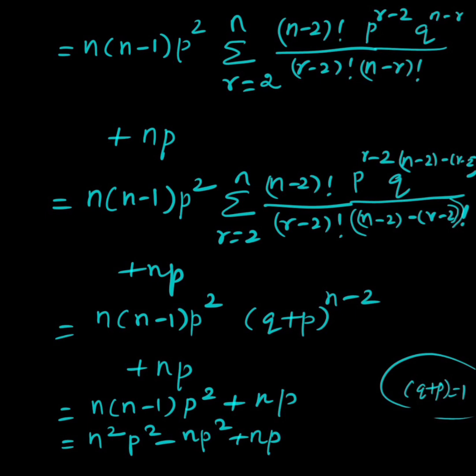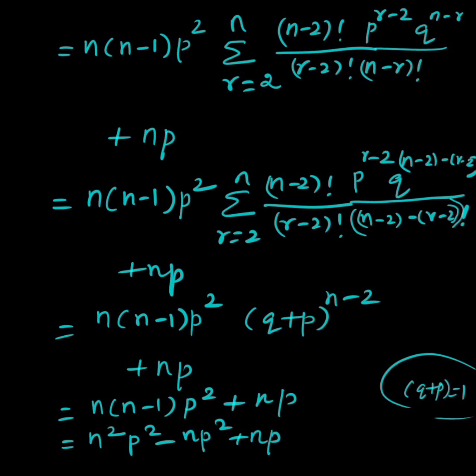Now that expansion sigma term becomes n into n minus 1 p square, because we are taking n and n minus 1 from n factorial, and from p power r we are taking p square out. So the previous sigma becomes sigma r is 2 to n, n minus 2 factorial p power r minus 2 q power n minus r, over r minus 2 factorial into n minus r factorial, plus np, which is the second sigma portion directly taken from the mean value.